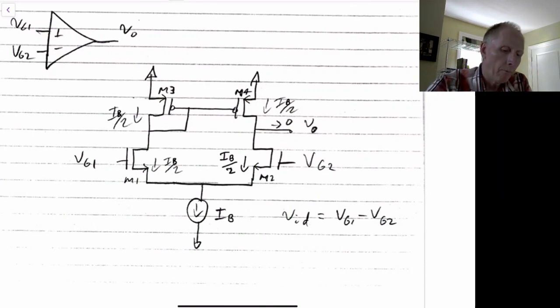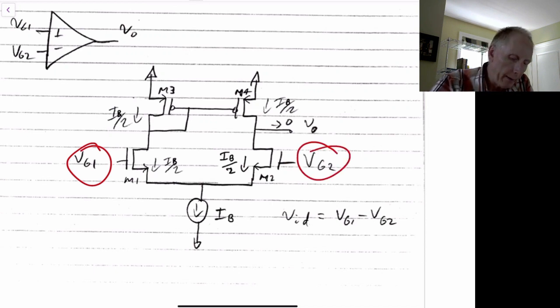From a DC bias perspective, we can see that if VG1 is equal to VG2, then the current IB will split equally between the two sides, and we'll have IB over 2 here and IB over 2 through M2.